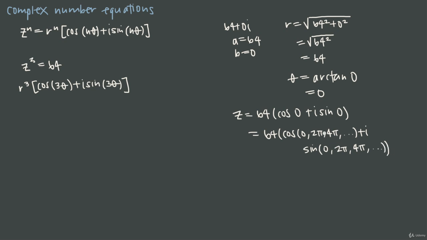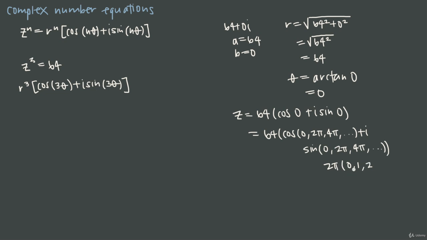Now, if we factor out a 2 pi from each of these, so let's look at this one here, 0, 2 pi, 4 pi, 6 pi, etc. If we take out a 2 pi here, 2 pi times 0 gives us 0, 2 pi times 1 gives us 2 pi, 2 pi times 2 gives us 4 pi.